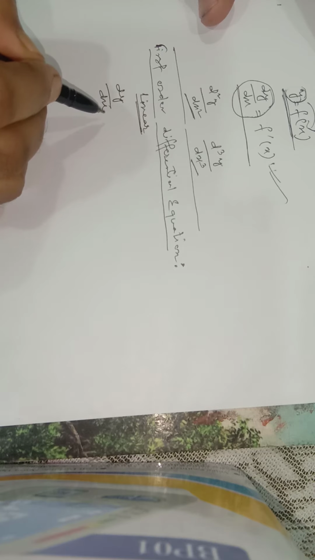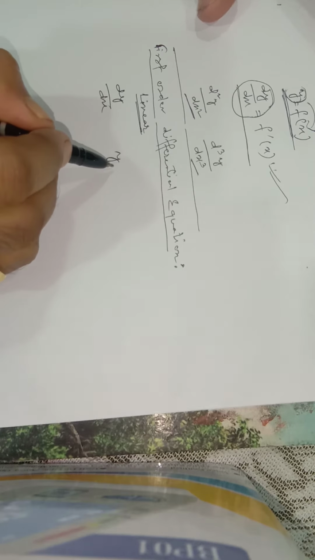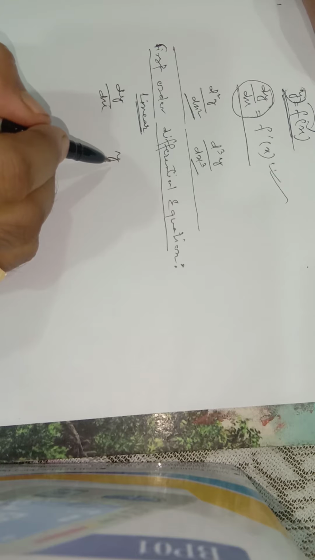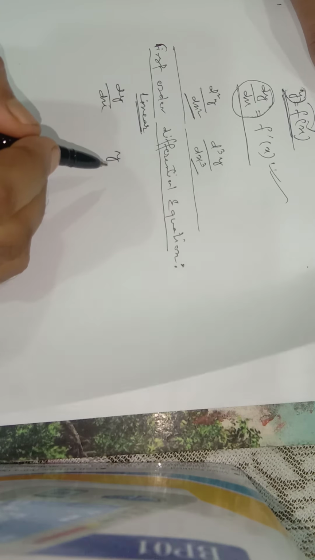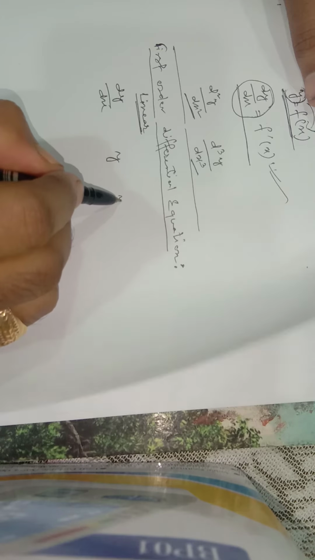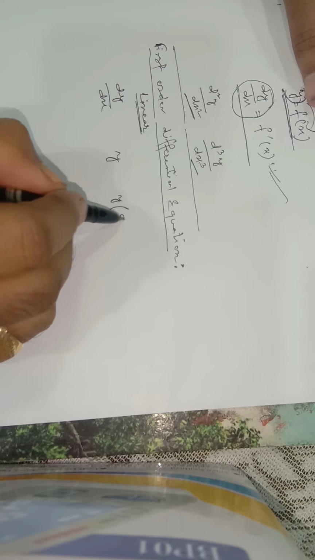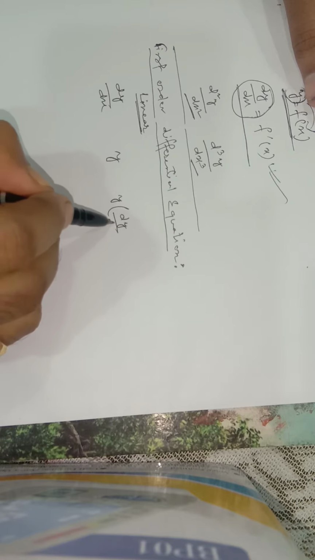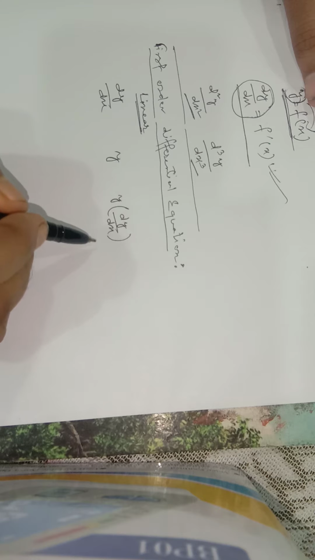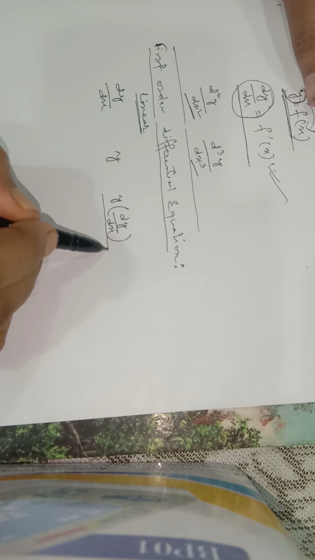So in the case of first order linear differential equations, the derivative dy by dx and the dependent variable y appear in the first order, and there is no product of the form where our dependent variable is multiplied with its derivative, that is, y into dy by dx does not appear.